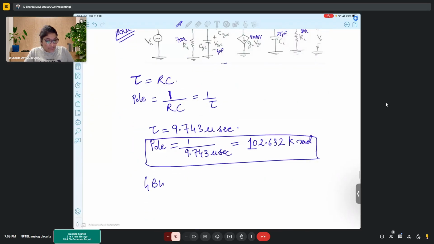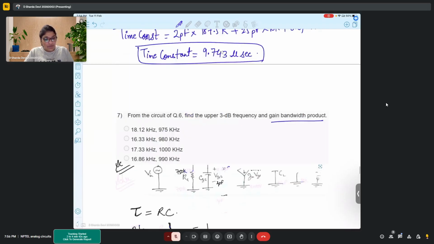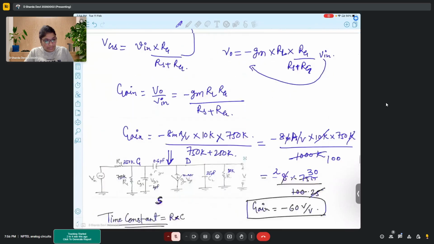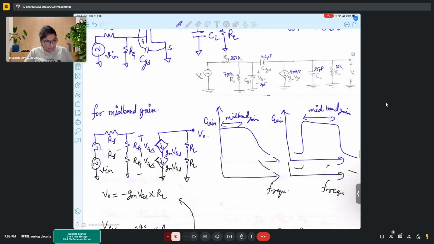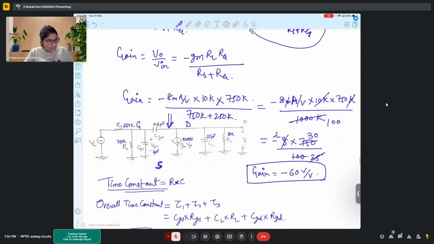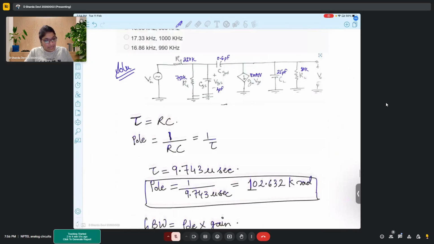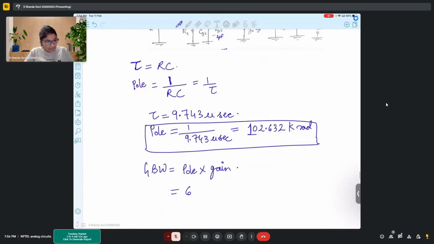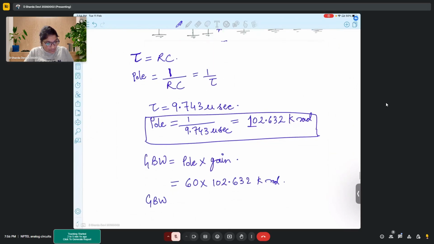Gain bandwidth product is nothing but pole value into gain. Gain we already calculated, it was 60 volt by volt. So gain was 60 and pole value is here, so it is 60 into 102.632 kiloradians.